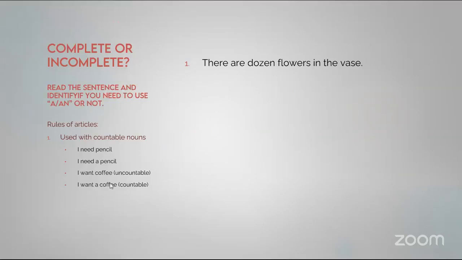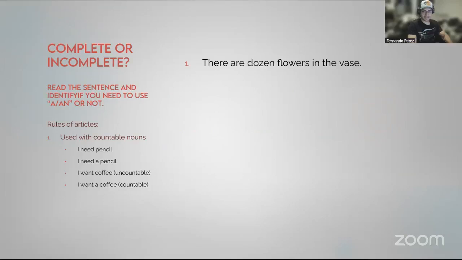Like, if you need to use a or an, or no article. Okay. So in this case, do you need a or an, or you don't need a or an? The correct expression is you need a or an because dozen is countable.